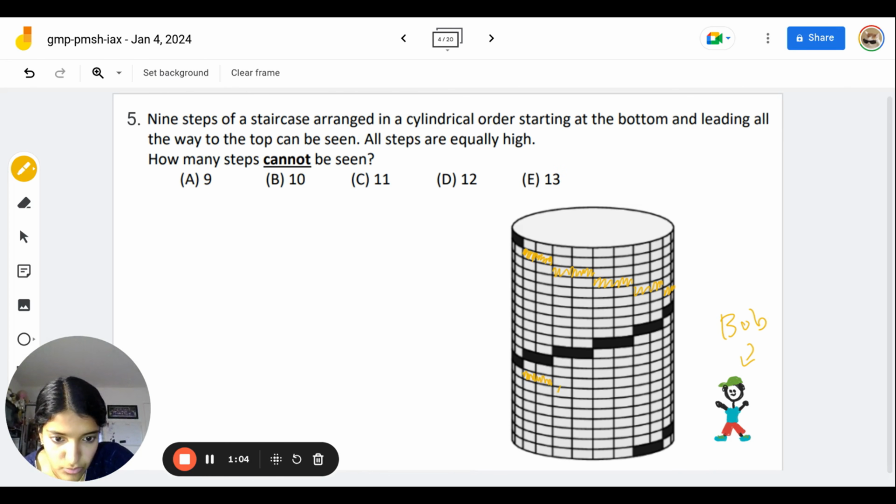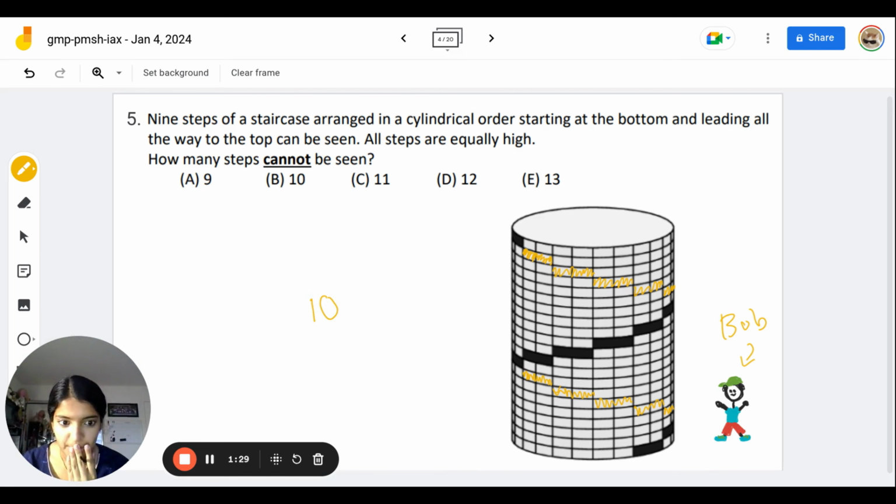This one, this one, this one, this one, and a half of a step, the same thing that we did on the top, and they wrap back around. So I get 1, 2, 3, 4, 5, 6, 7, 8, 9, 10 steps.